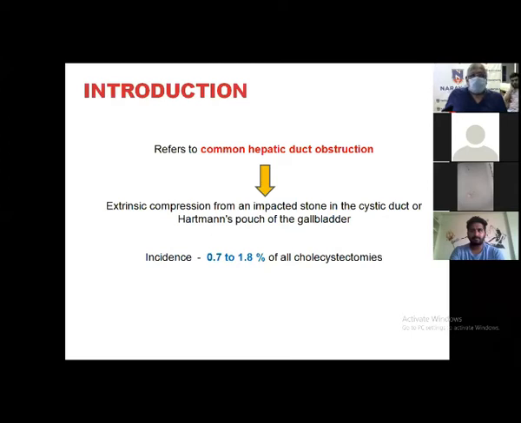Extrinsic compression from an impacted stone in the cystic duct or the Hartmann pouch of the gallbladder causes a certain amount of obstruction in the whole of the biliary tree. It may or may not be associated with cholangitis. Incidence is about 0.72%.